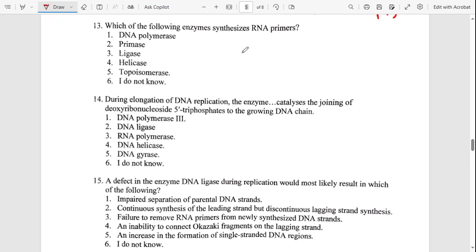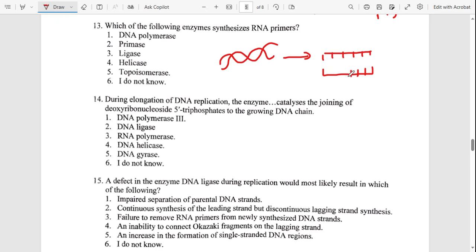When you have DNA, remember DNA is like this. During replication, you want to make a copy of this. The way it is like this, it will be very hard for you to separate it. You need to make it like this.